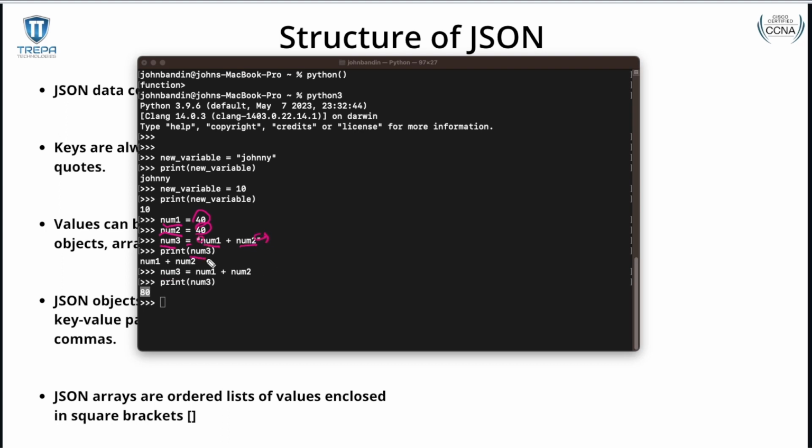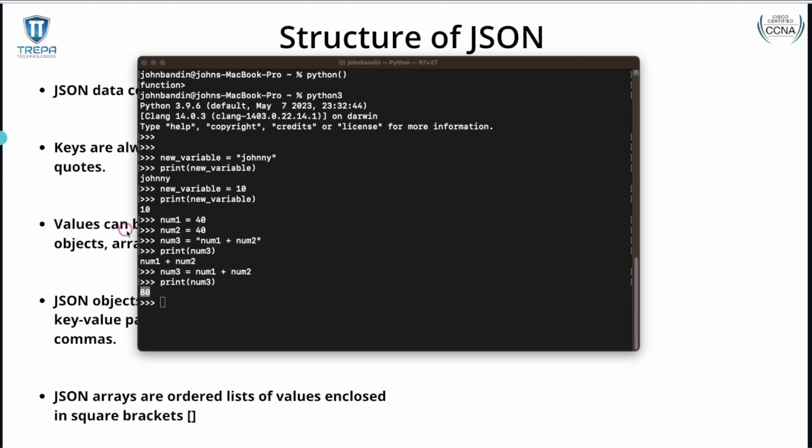When I go to print the num3 variable, what do I get? That actual string. That's a key difference between strings and numbers. Then when I remove those quotes and do num3 equals num1 plus num2, it actually gave me the sum of what these variables equal. Remember, num1 equals 40 and num2 equals 40, so now num3 holds an integer value of 80.